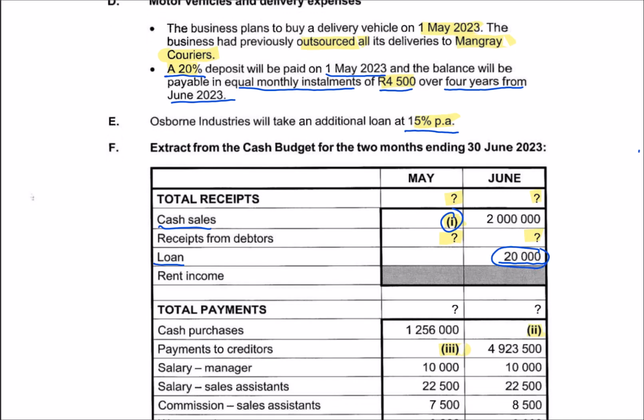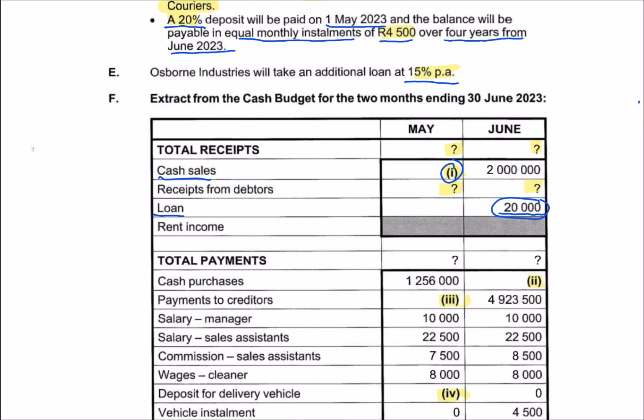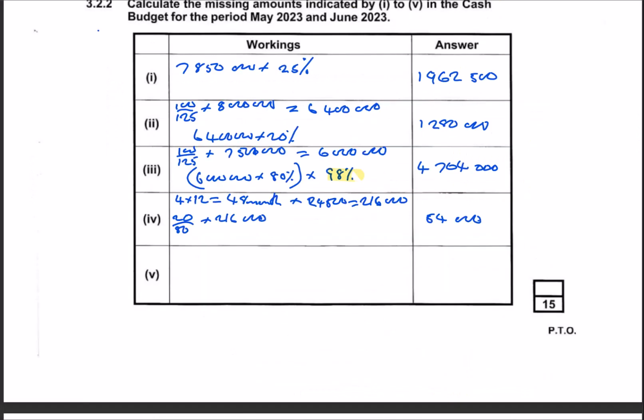So for our interest on loan, you calculate it this way: 2,250 plus 20,000 times 15% times 1/12, or divided by 12.